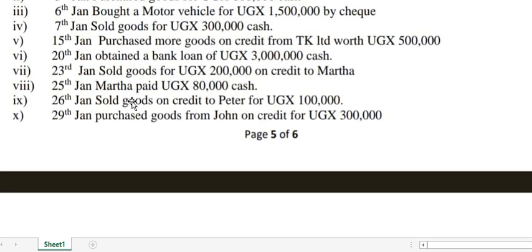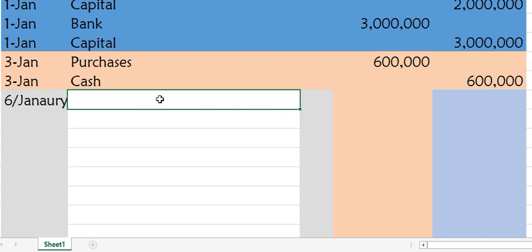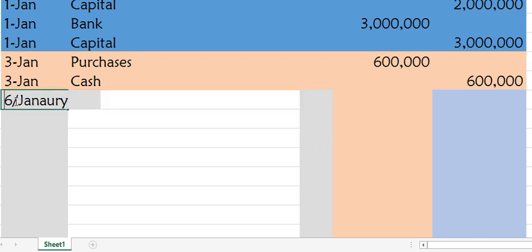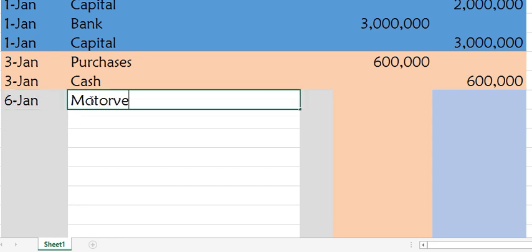So that is on 6th January, motor vehicle purchased.